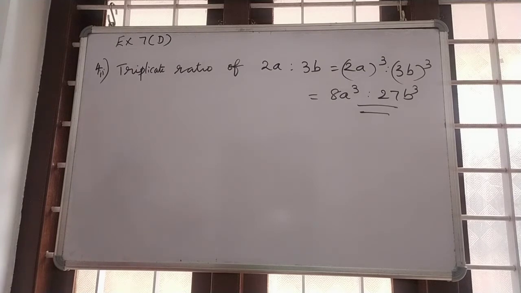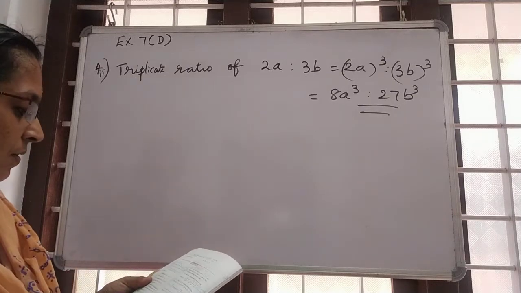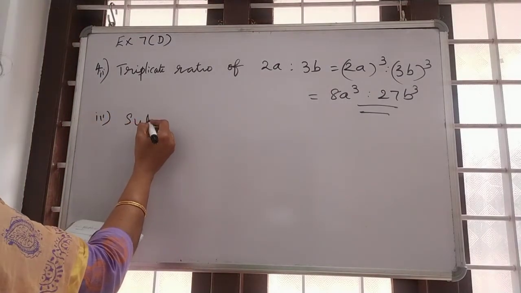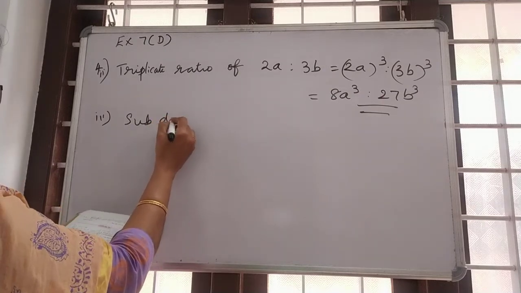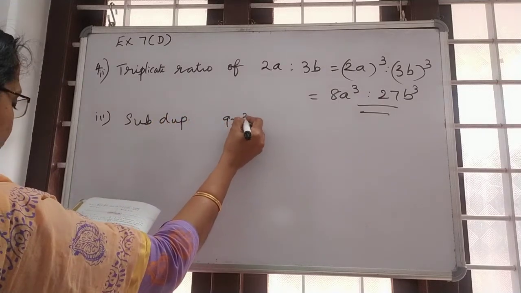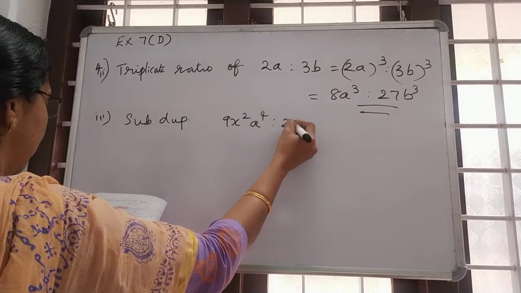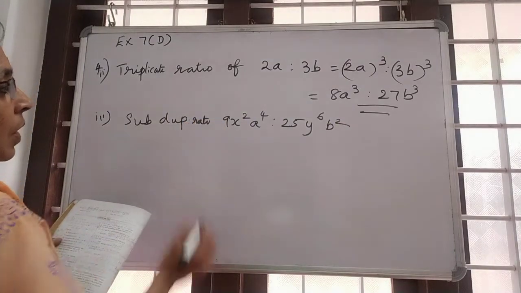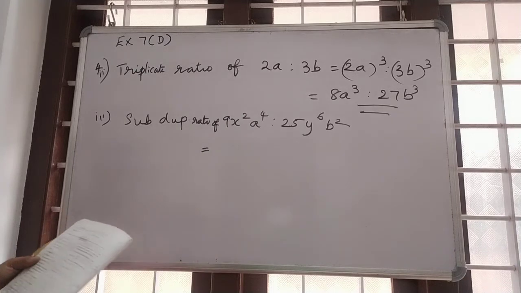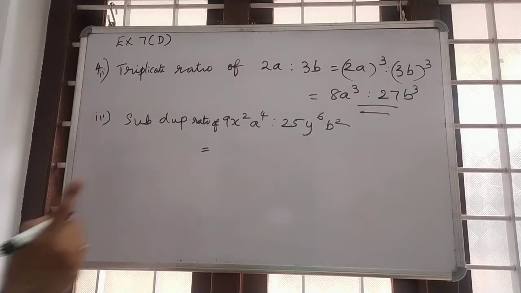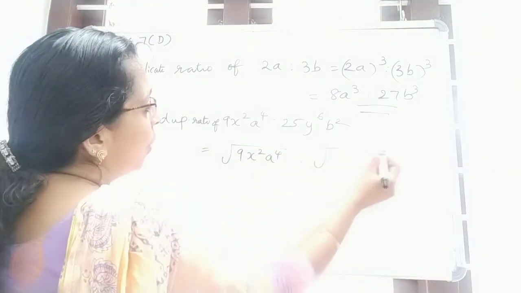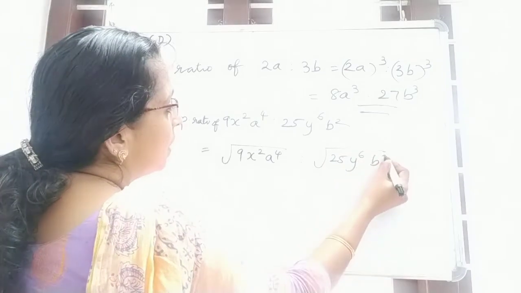subduplicate ratio of 9x square a raised to 4 is to 25 y raised to 6 b square. Subduplicate means we want to take the square root of this one. 9x square a raised to 4 is to root of 25 y raised to 6 b square.